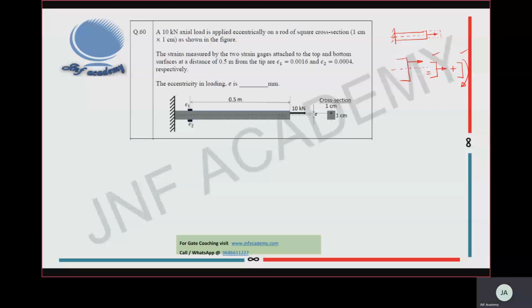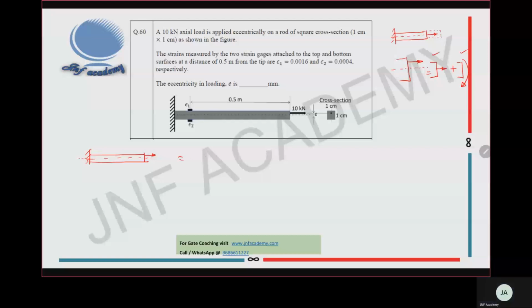The same way here also we have to consider like that. The given case is looking like this. Since the force is acting above the dotted line, it will go for tension on the top side and compression on the bottom side.